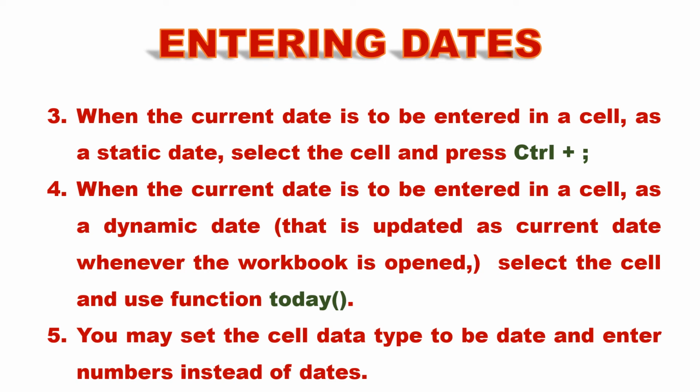But if you want to update the date dynamically, then we must use the function TODAY. When you set the date using the TODAY function in a cell, then whenever you open the worksheet, the date on which the Excel worksheet was opened will be displayed in the cell.